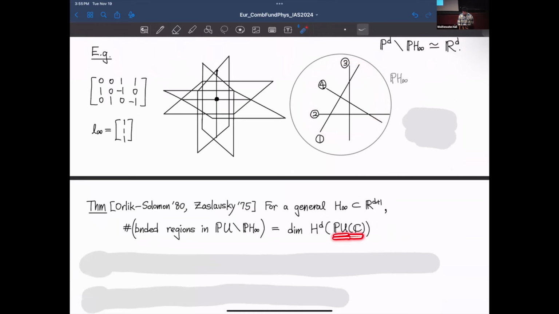So this is complexified now. And that cohomology ring has some dimension. And I'm looking at the top dimensional cohomology piece. And the statement that you can get by combining a result of Zaslavsky and Orlik-Solomon is that the bounded regions that you see, the number of such is exactly equal to the dimension of the cohomology.